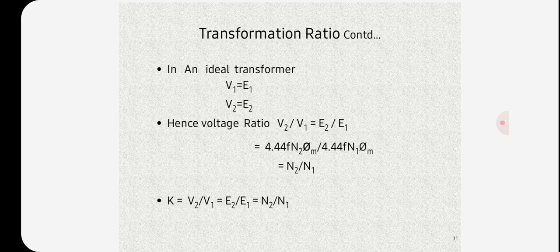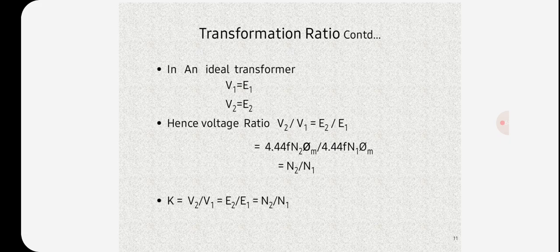Hence, voltage ratio V2 by V1 is equal to E2 by E1, that is equal to 4.44 f N2 phi m by 4.44 f N1 phi m. Here all values are cancelled, only remaining values are N2 by N1.